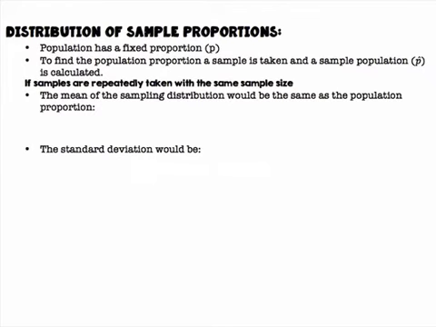Distributions of sample proportions. The population has a fixed proportion, which we'll call P. To find the population proportion, a sample is taken and a sample proportion, P hat, is calculated. If samples are repeatedly taken with the same sample size, the mean of the sampling distribution would be the same as the population proportion.